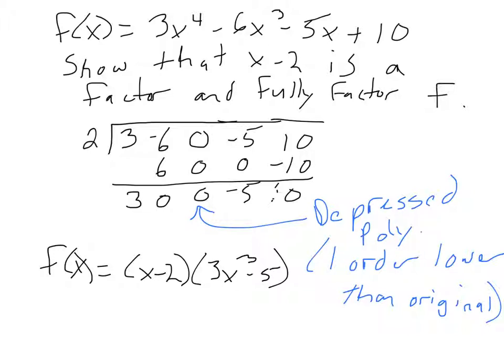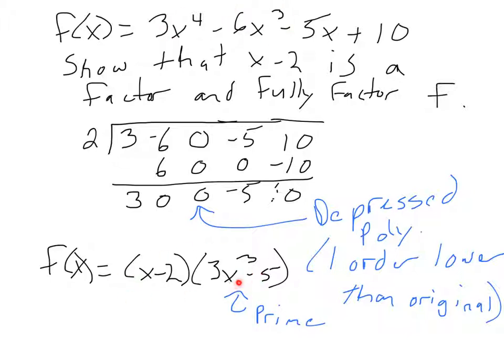Right? And it turns out that 3x cubed minus 5 is prime. It's not factorable. And so that is the fully factored form now of this polynomial.